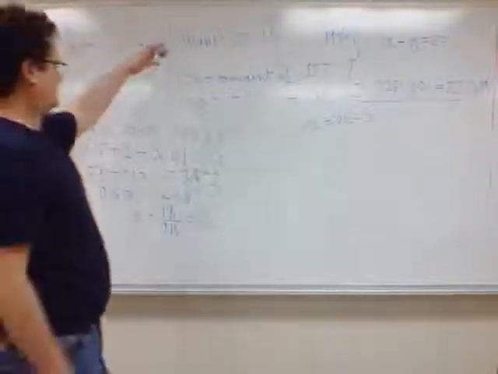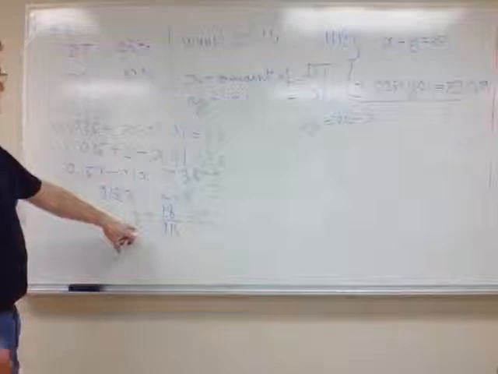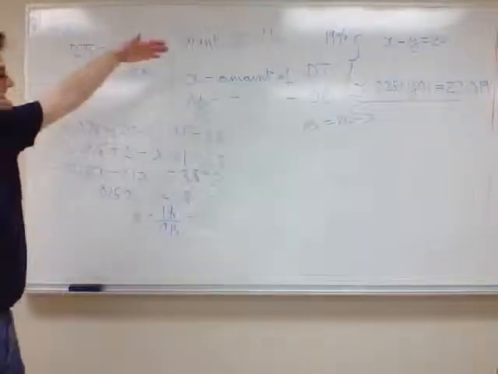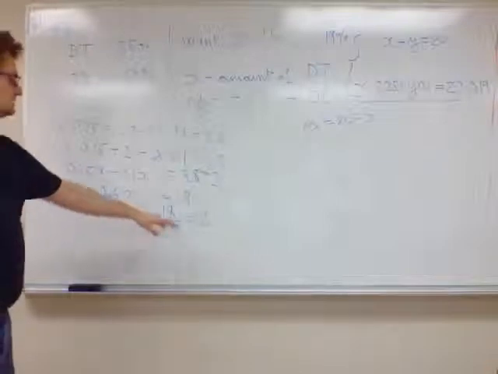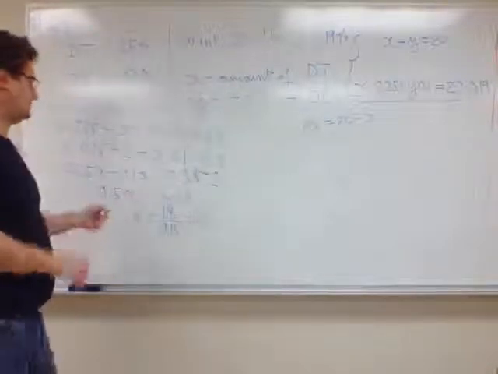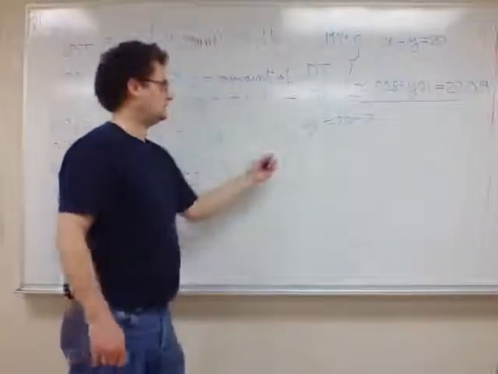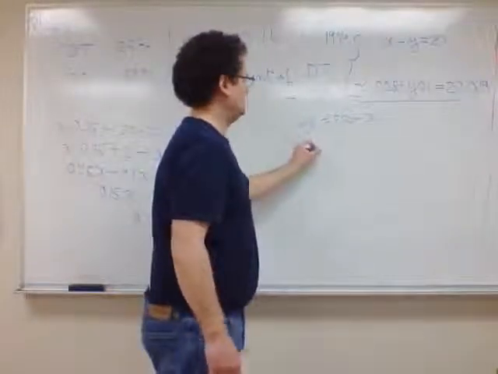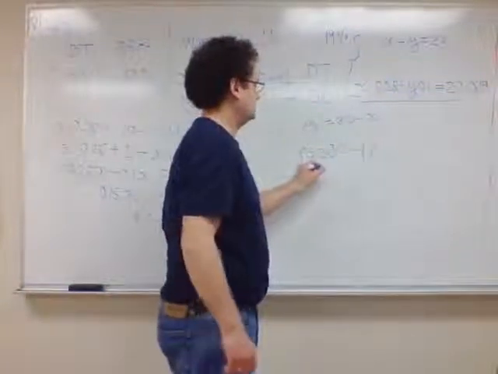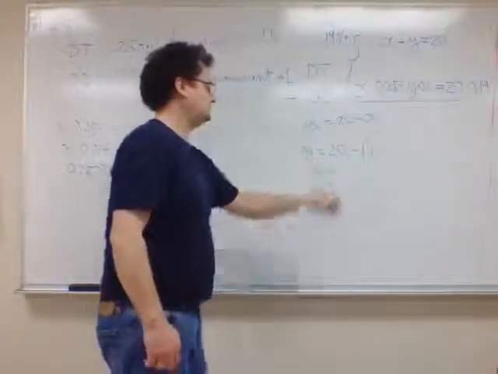Well, this is the amount of OD granola in this 20-pound mixture, so we need 8 more to get 20. So y is 20 minus 12, so that's 8, all right?